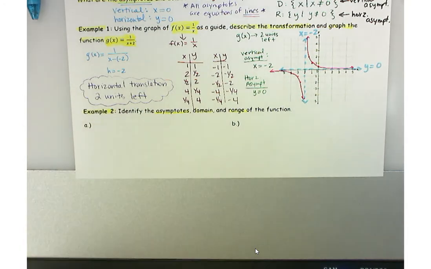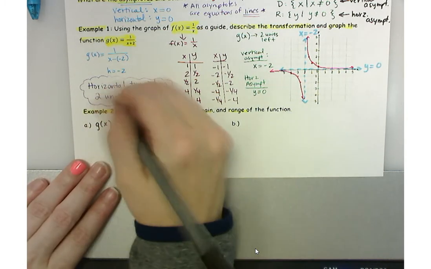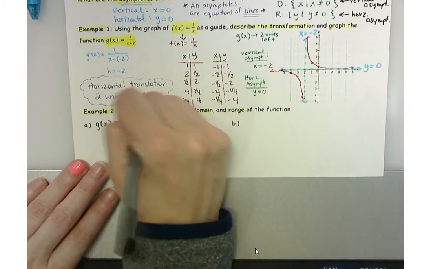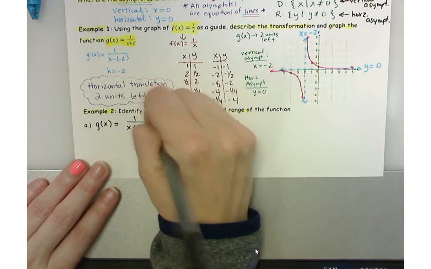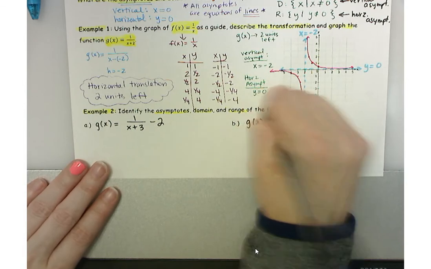Okay, so remember, with the asymptotes, x equals h, and y is going to equal your k value. Let's see if we can come up with what our h is and what our k is for this example.